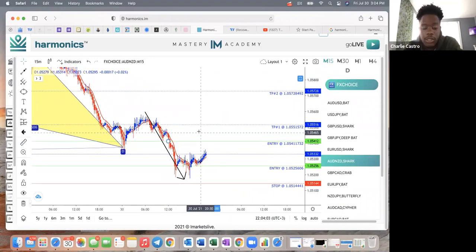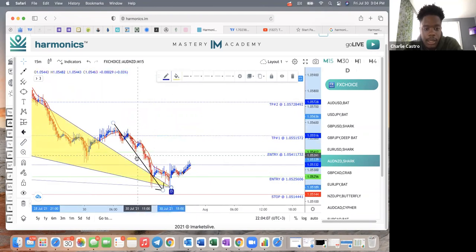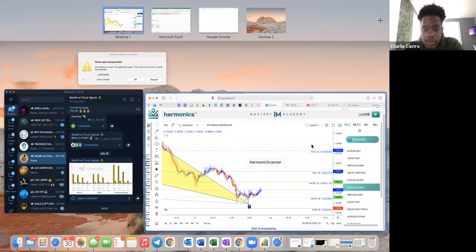That was the first loss of the week, and then it rescanned, and you can see it's a new setup now. I'll say out of 10 trades you take on here, maybe 7 or 8 of them will actually win. So it's a really good tool.